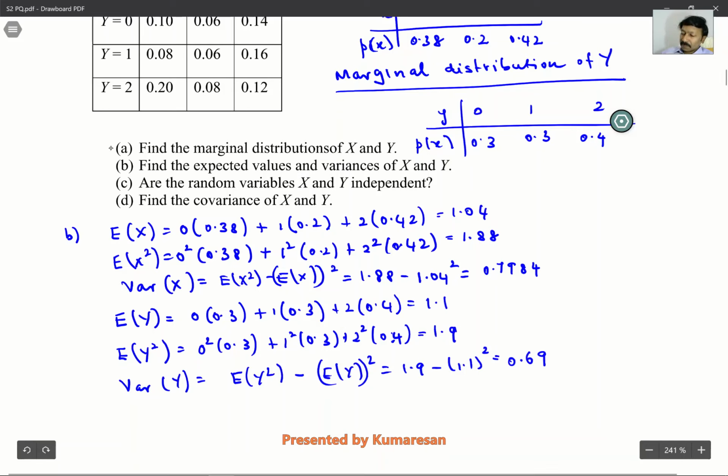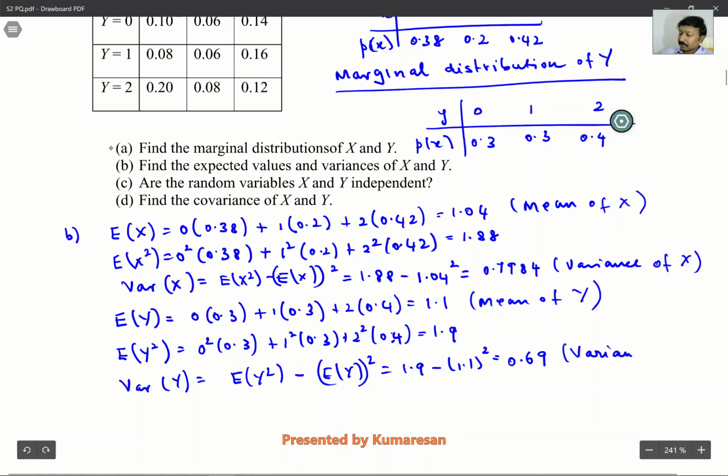So this is the mean of x, this is the variance of x, and here we have the mean of y, and this is the variance of y. Okay, that's the answer to the second question.